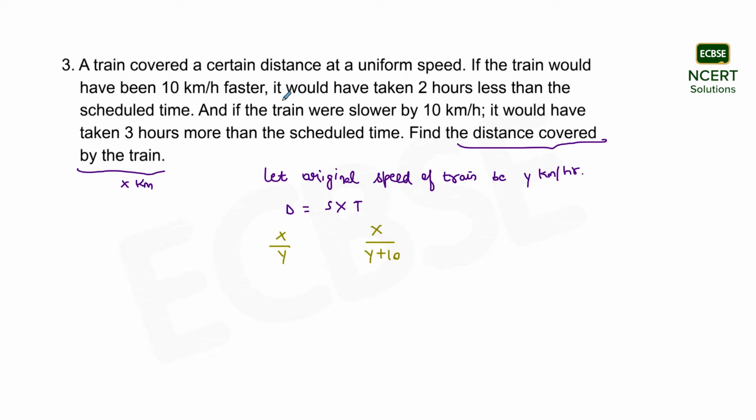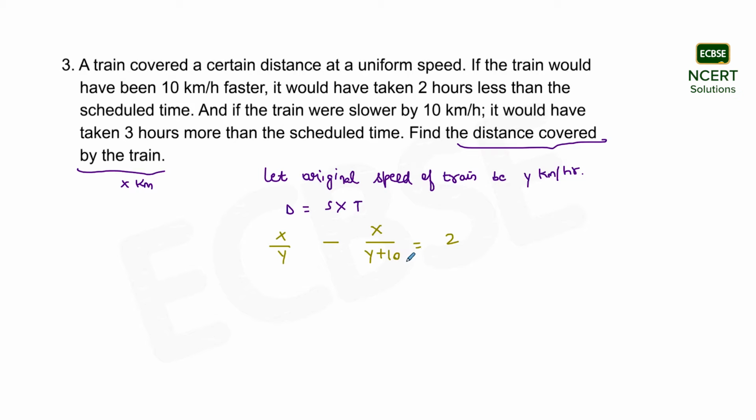What has also been given is that it would have taken 2 hours less than the scheduled time. We know the scheduled time is x by y, and now the time taken by the train is x by y plus 10. As we increase the speed by 10 km per hour, it would have taken 2 hours less than the scheduled time. So the scheduled time minus the present time taken by the train, when its speed has been increased by 10, will be 2.